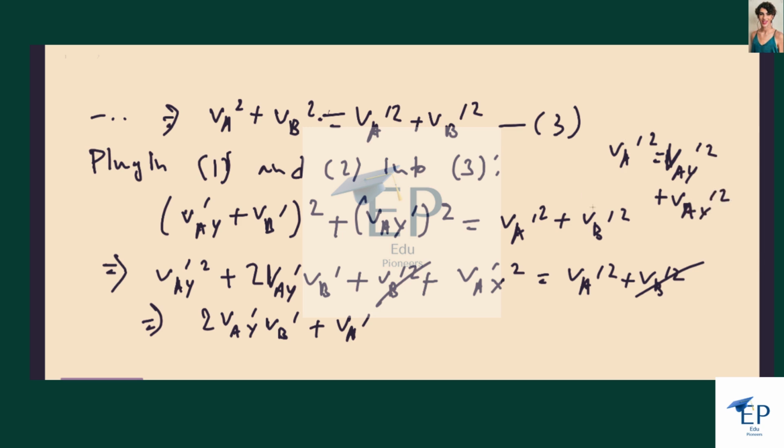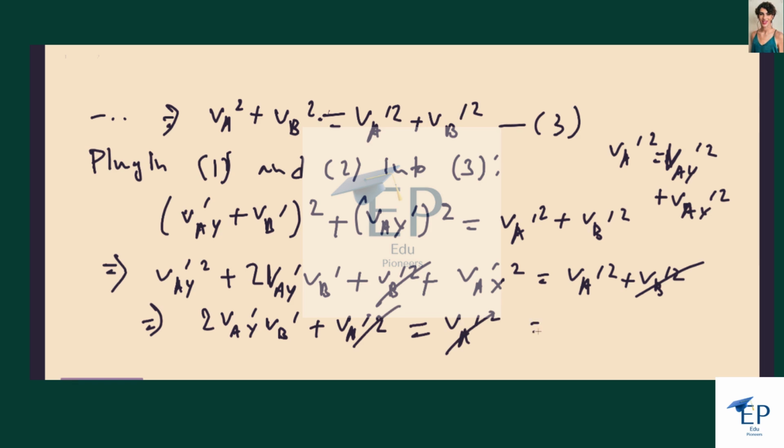It's the square of the magnitude of the x and y components of A prime, which gives vA prime squared, and that is equal to vA prime squared. And so those cancel.